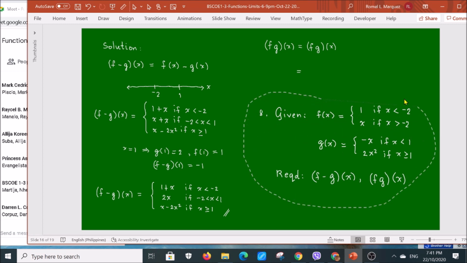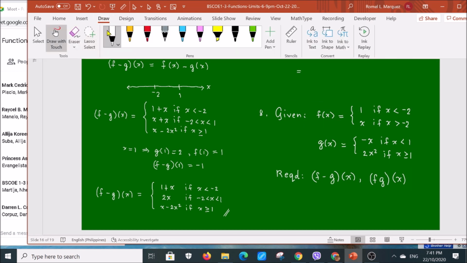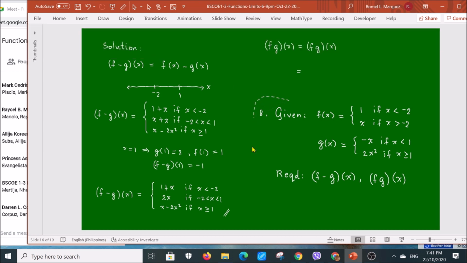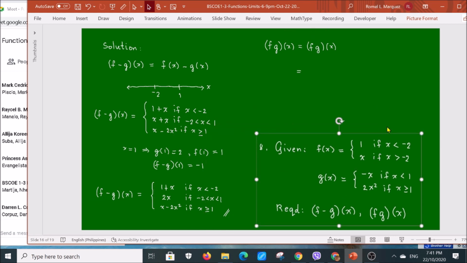I can't move it. I'm supposed to. Why is it that I can't move it? Yeah, see, it's already grouped. So that's why I can't lasso it in this case.